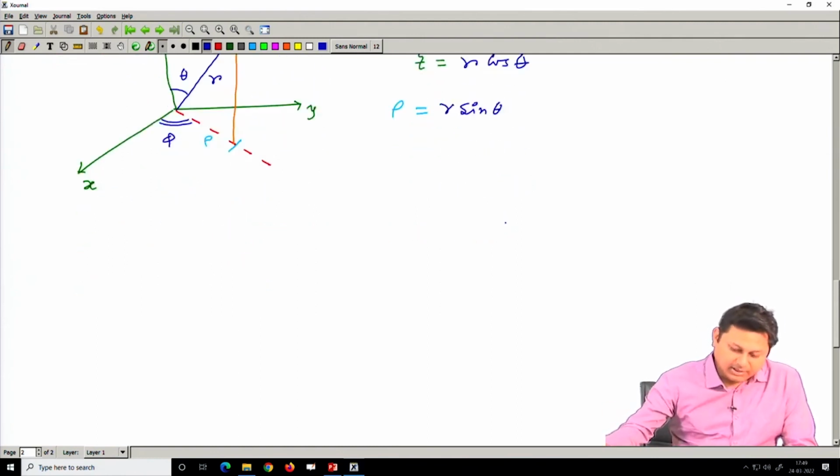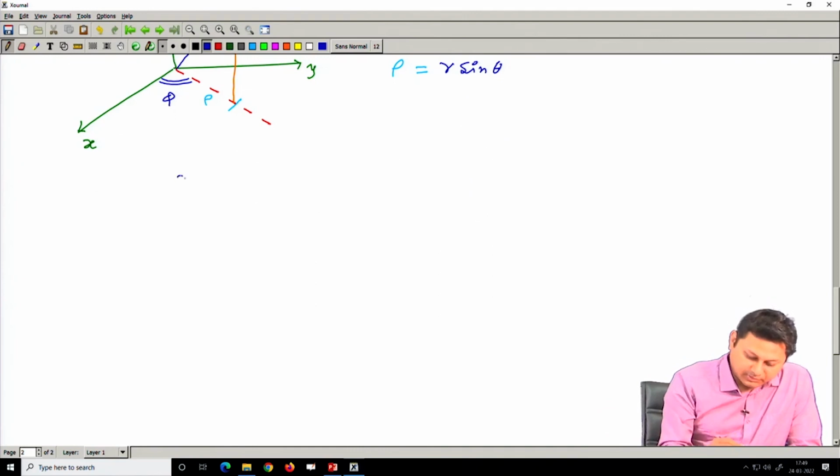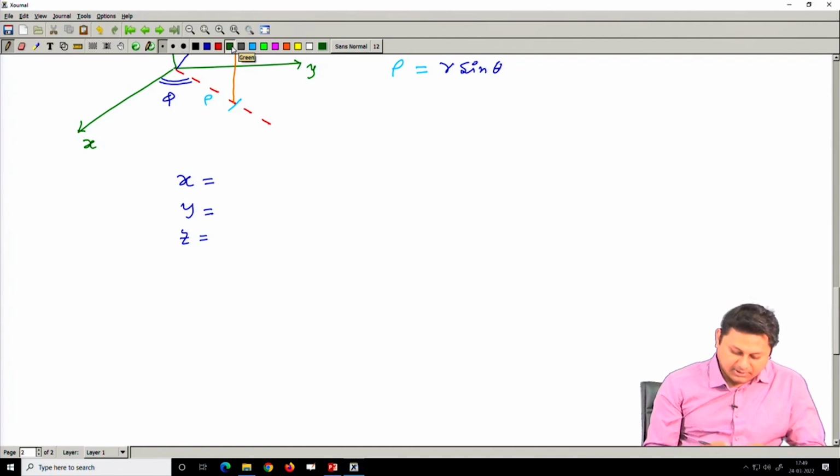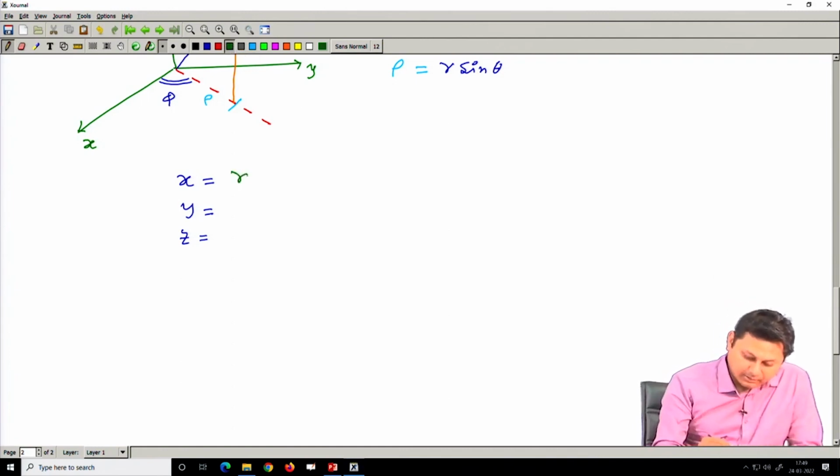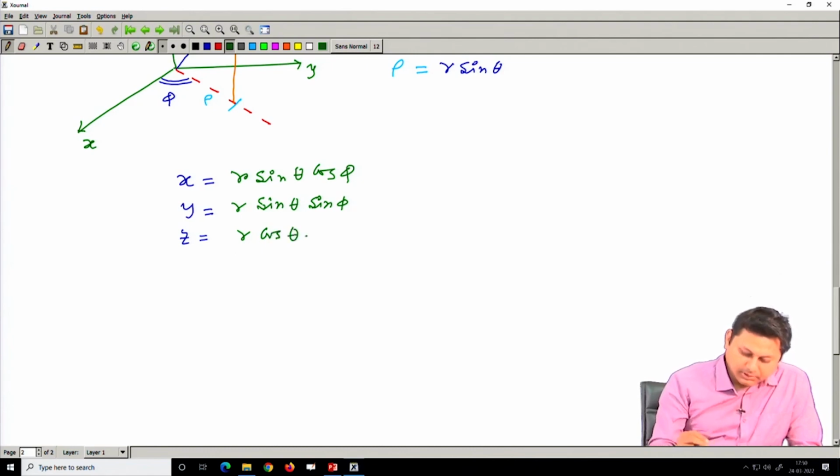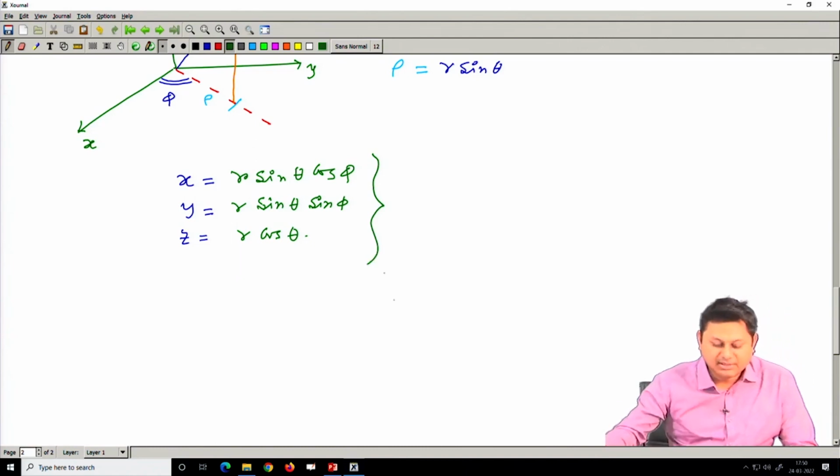Now, x, y, z in terms of r, theta, phi simply give us r sin theta cos phi, r sin theta sin phi, just replacing rho, and r cos theta. These are the relationships between x, y, z and r, theta, phi.